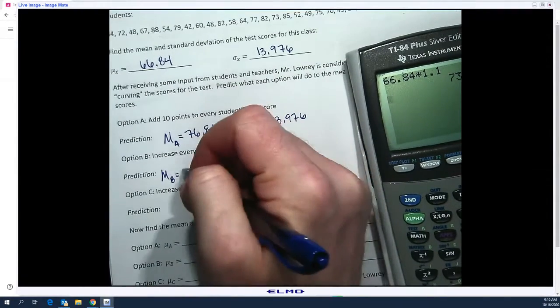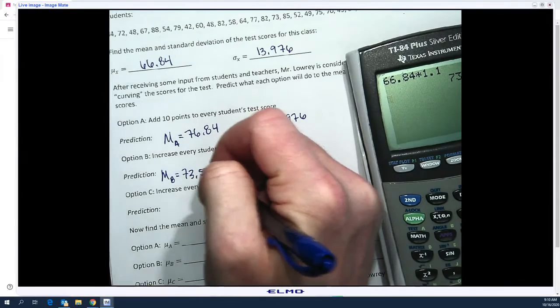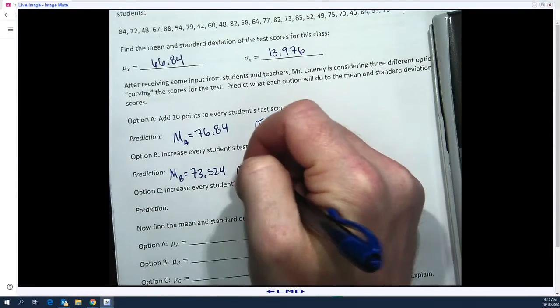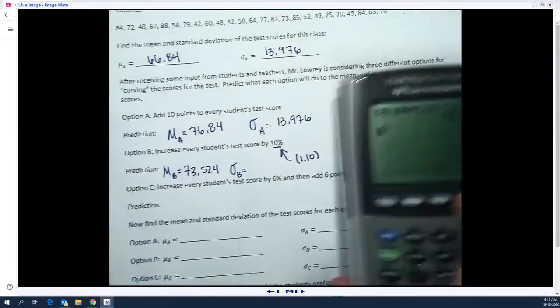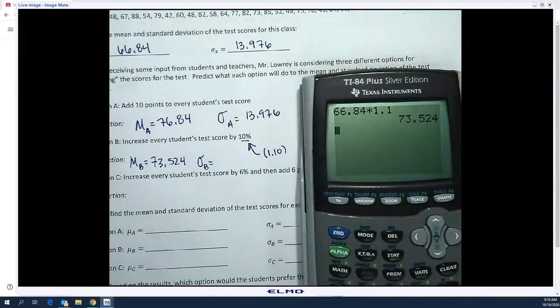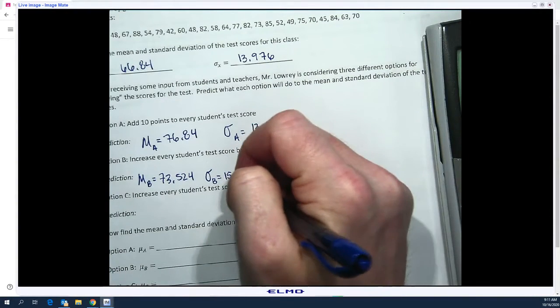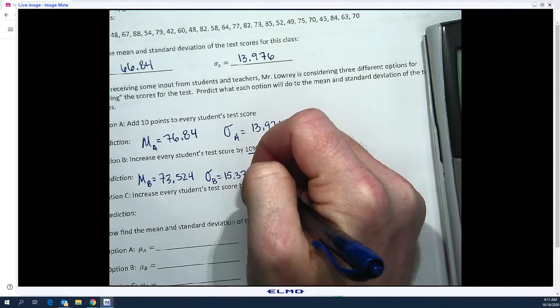And that gives us 73.524. Sigma would also be affected. So sigma is going to also be multiplied, the original one, by that 110%, giving us 15.376.